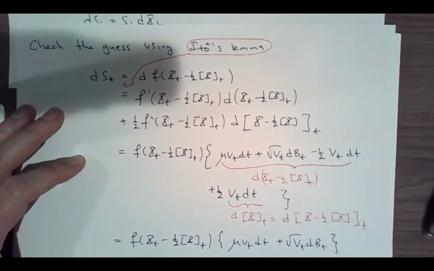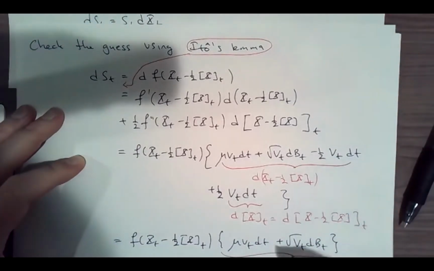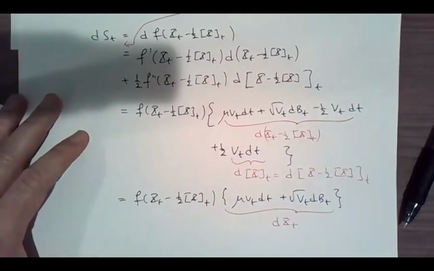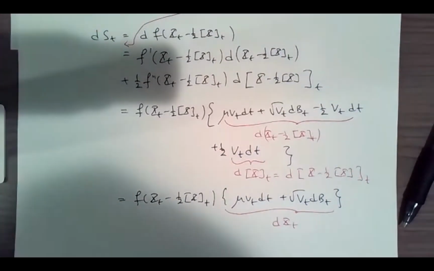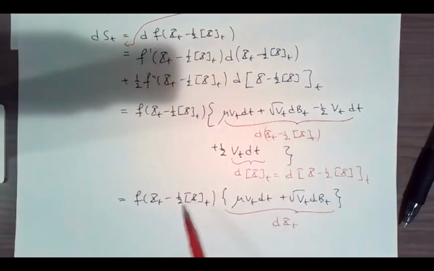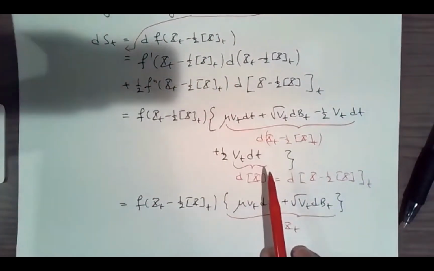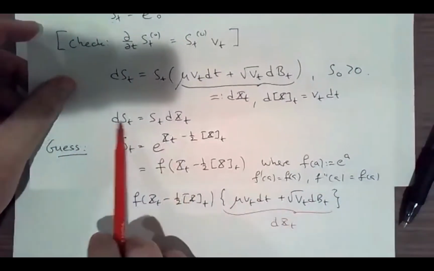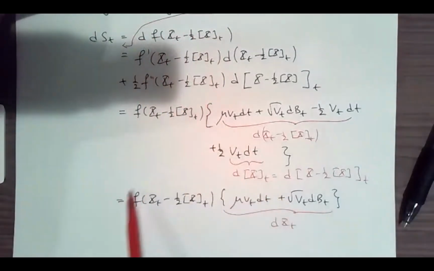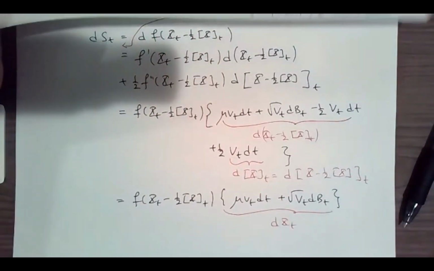Right, and this here is exactly dXt. So there you have it. This function applied to X solves the SDE that we're interested in. It solves this dS is equal to S dX. Here we have my function. The function comes back, and then dX.